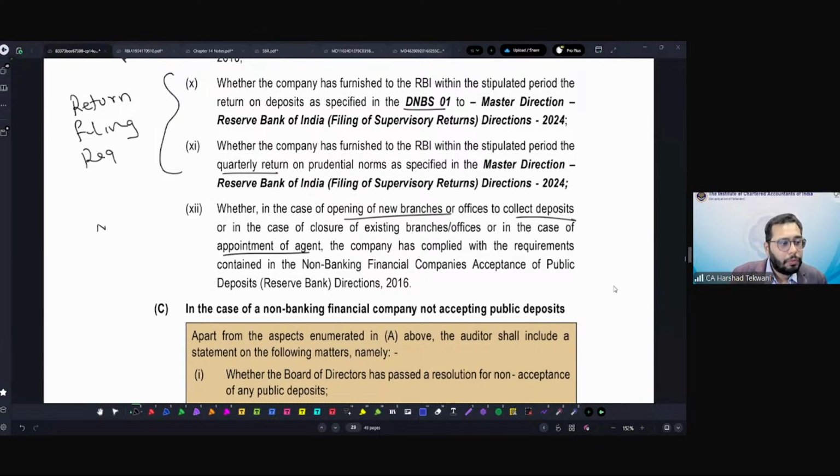So opening of branch or appointment of agent. Okay, that was your B category.